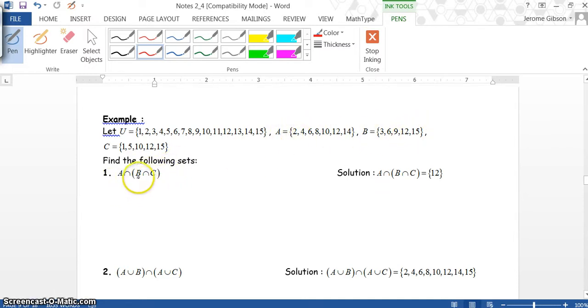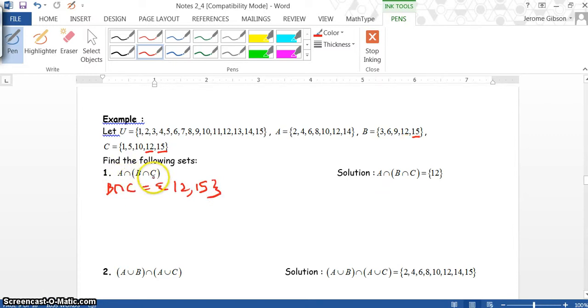For instance, if we look at B intersects C, we could just look at B and C and see what they have in common. What they have in common here is just 12 and 15. So B intersects C is 12 and 15.